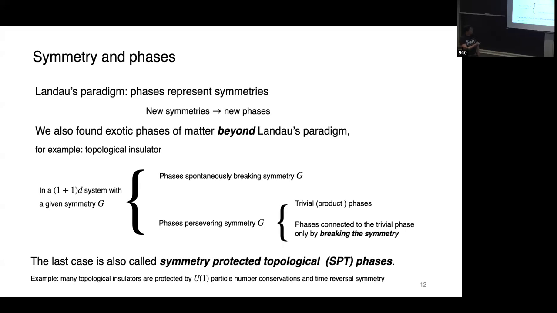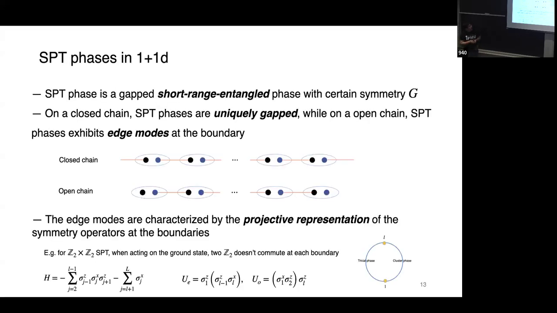So I will further give you the examples. SPT phases in 1+1D: it is a gapped short-range entanglement phase with certain symmetry G. On the closed chain, it is uniquely gapped, whereas on the open chain, it has edge modes at the boundaries. Here is a cartoon.